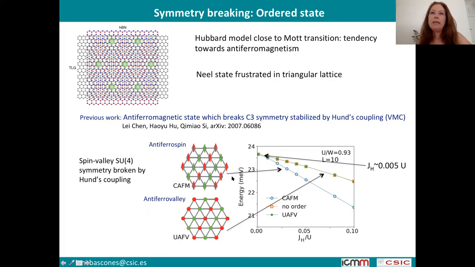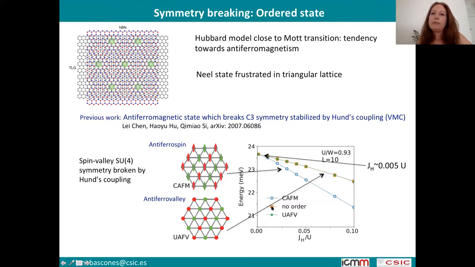And in particular, they compare the energies of some states, and they find that this state, which is a kind of stripe antiferromagnetic spin order, is smaller in energy than the state with no order, or also the state in which one considers similar ordering to that of the valley.